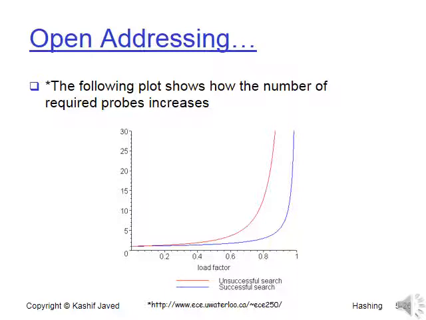For successful search, you can grow the load factor to 0.7 or 0.8 or so. But since successful and unsuccessful search go hand in hand for the algorithm, your load factor should not exceed 0.5. Performance will degrade rapidly as the load factor approaches 1.